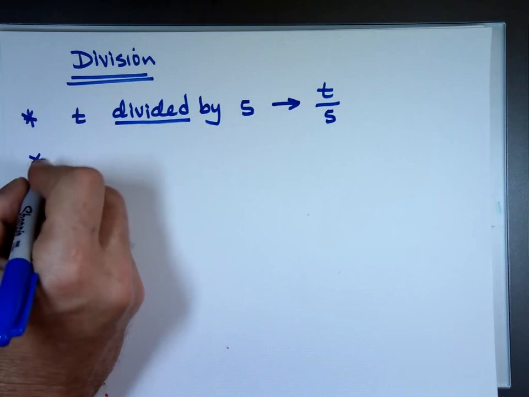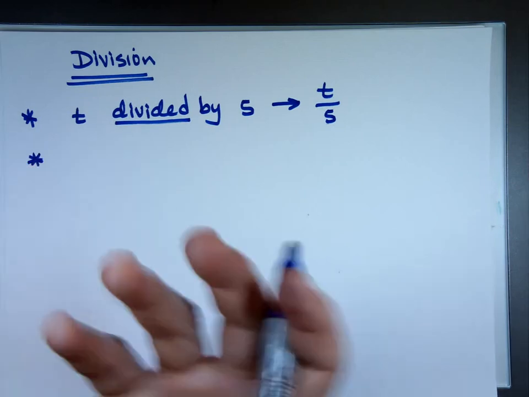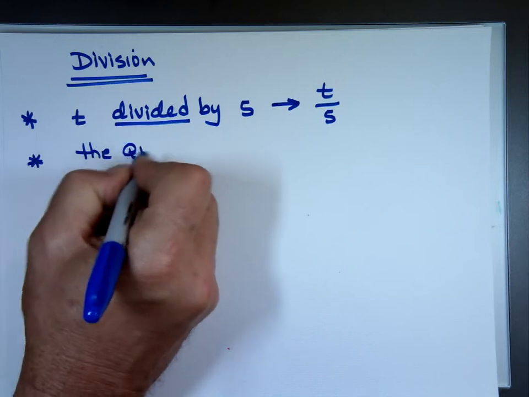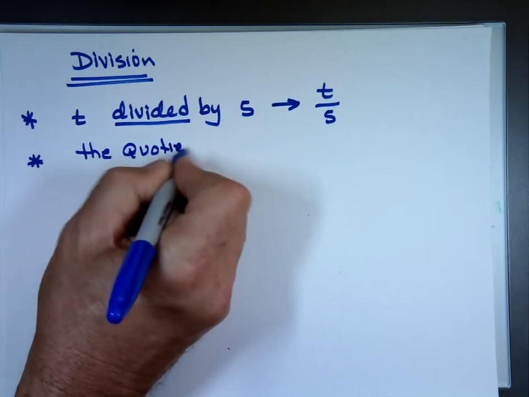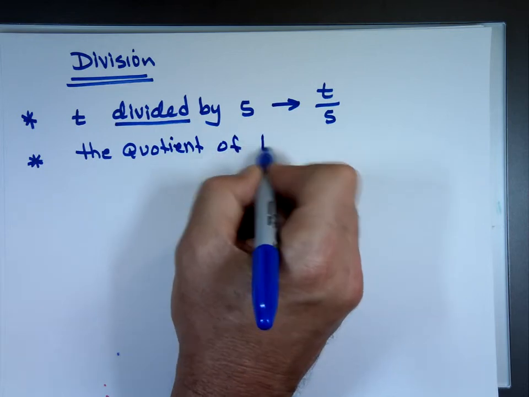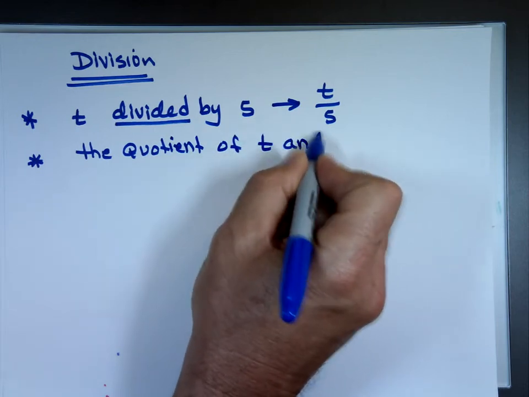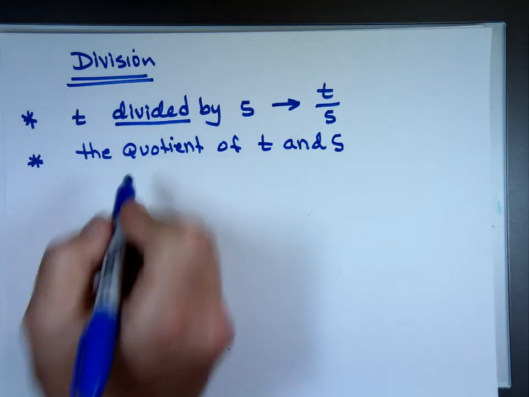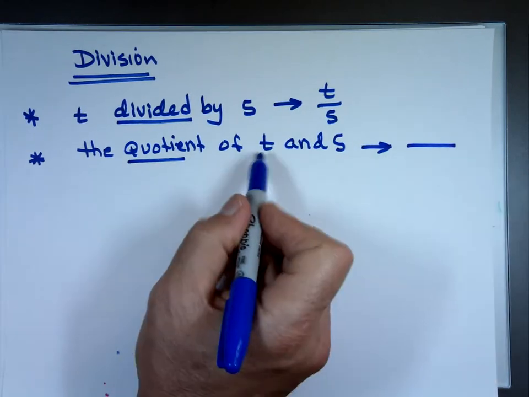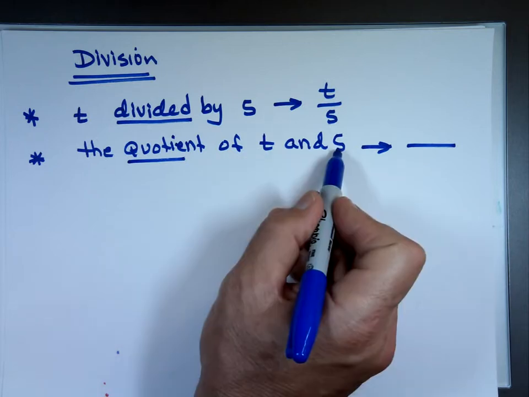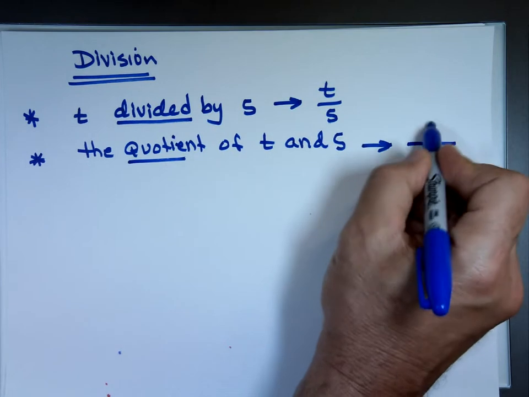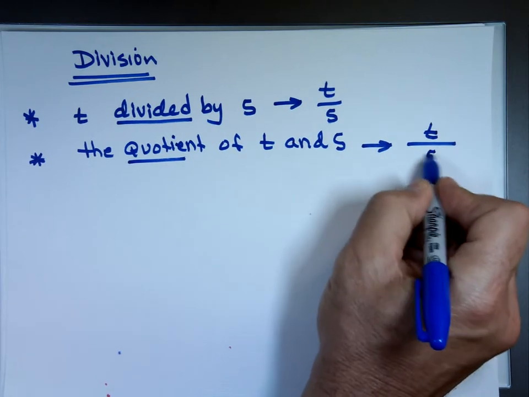From chapter 1, when you have division, we call the answer the quotient. The quotient of t and 5. Notice we wrote t first. So the word quotient means a fraction. The one you see first goes on the top, the second one on the bottom. The quotient of t and 5: t on the top, 5 on the bottom.